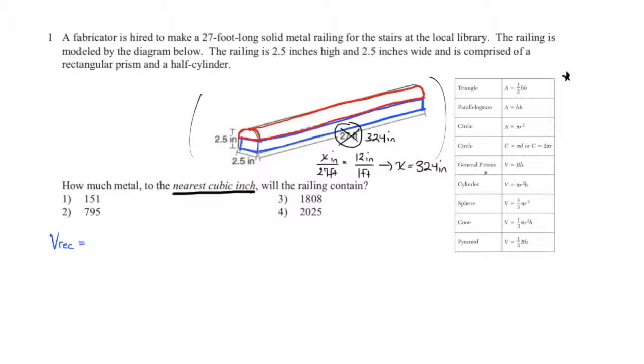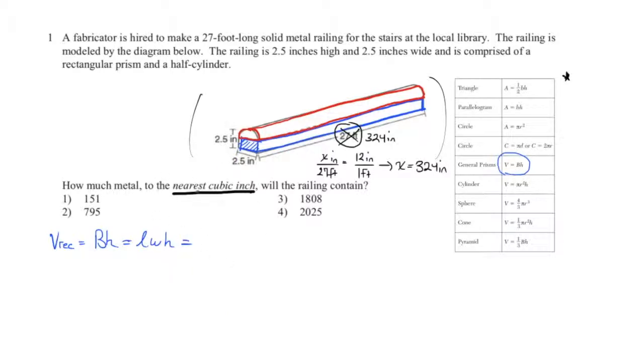Our reference table tells us that the formula for a general prism is base times height. What they mean by base is any surface you choose as being the bottom of this thing, in this case a rectangle, and the area thereof. So when they say capital B for base, we're thinking length times width, and then times the height. Length times width times height is how most of us remember the volume of rectangular prisms anyway.